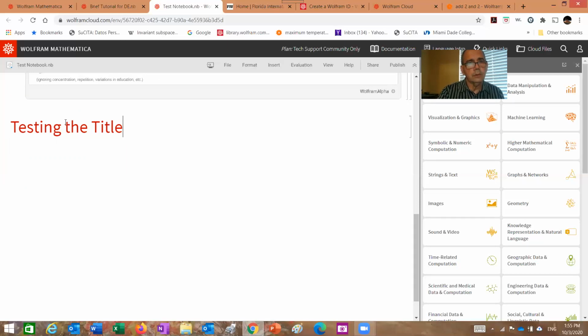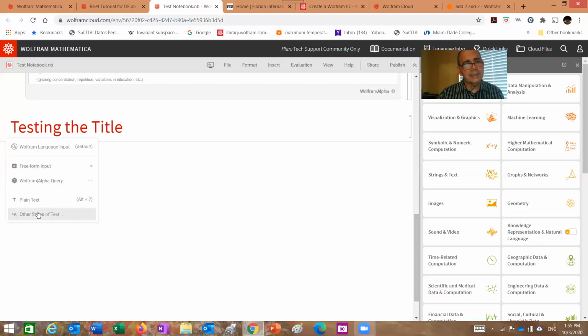Sorry, we need to go back, press Backspace, and then click just after the title cell. You see a horizontal line with a plus in a circle here. This is where you have to click to get the different forms of inputs, or the different kinds of formats, for this cell.